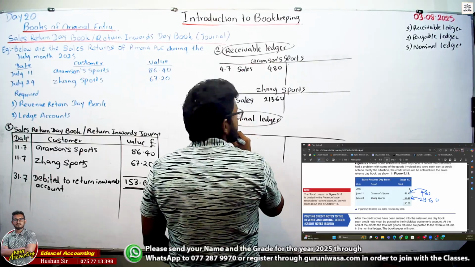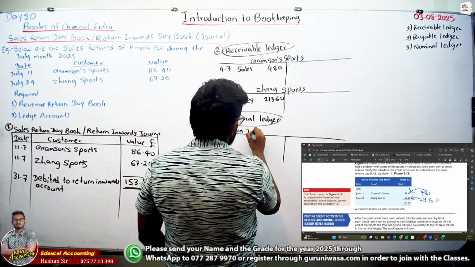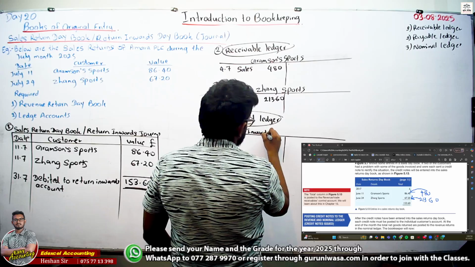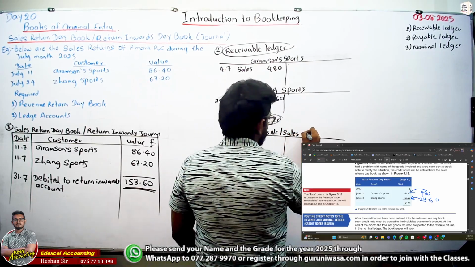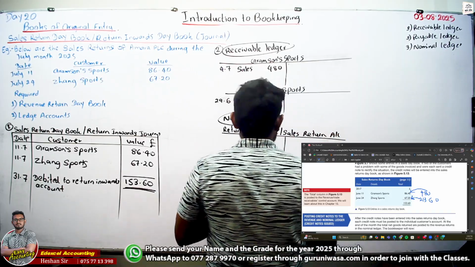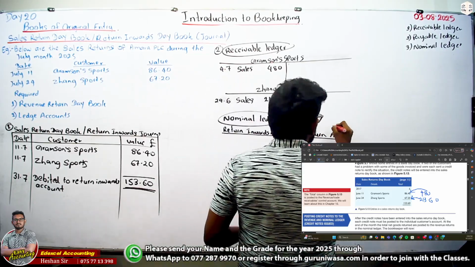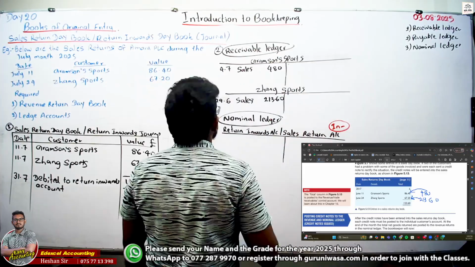So in here we draw return inwards account or sales return account. Sales account is also an income account. Return inwards is also an income account, but it decreases income, right?